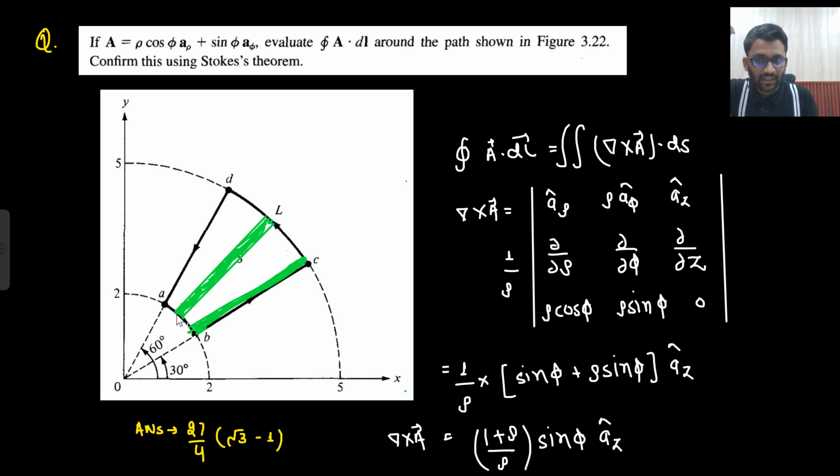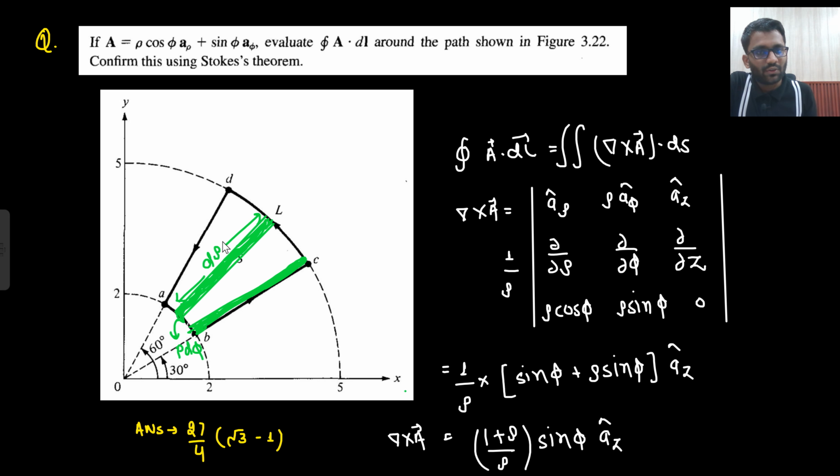Are you getting this point? Basically, this is your rho d phi and this is your d rho. So d rho is going from 2 to 5 and phi is going from 30 degree to 60 degree. Are you able to get this point or not?